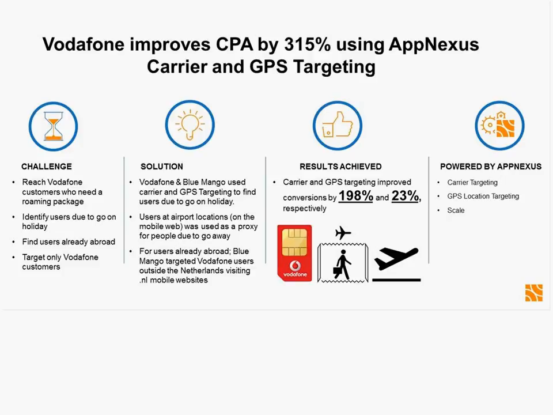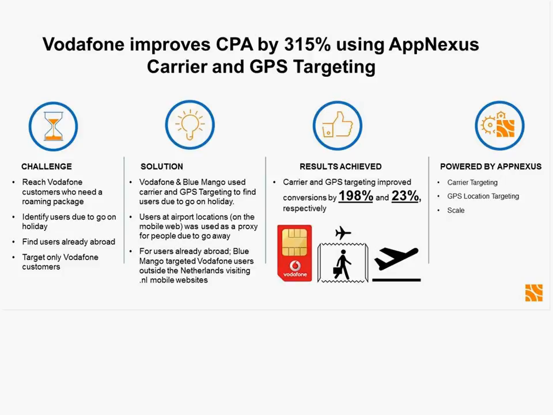What actually happened was, using hyper-targeted GPS location, they targeted users that were moving towards borders in Europe, knowing that they were likely to go on holiday or away on business.